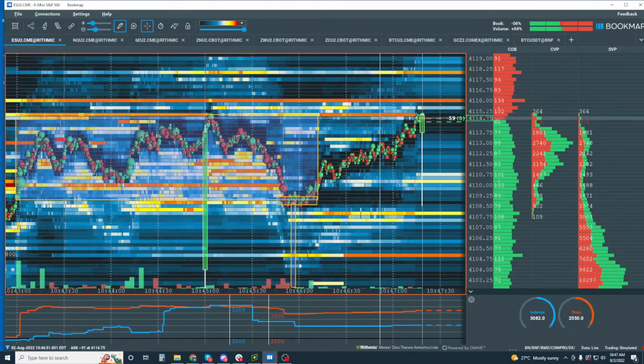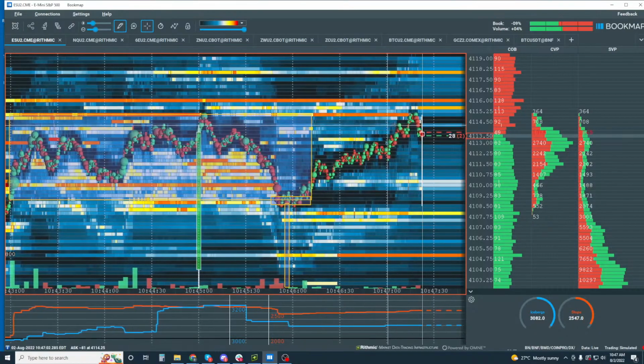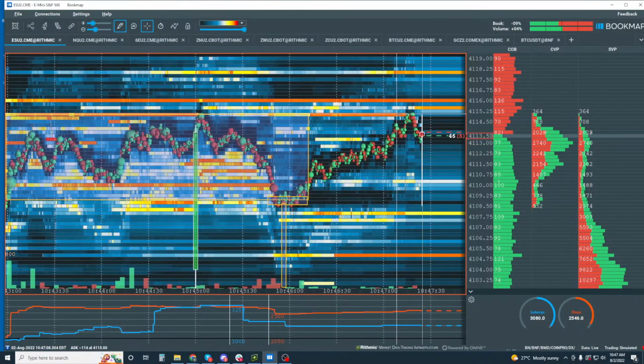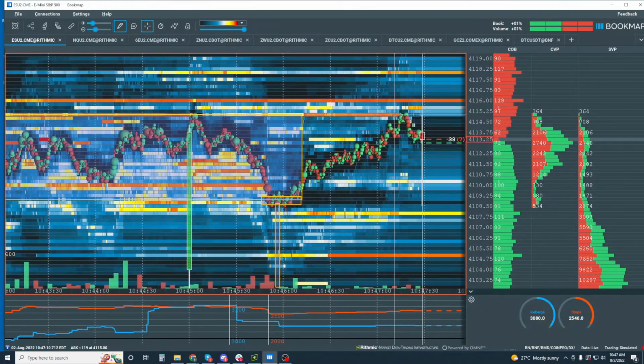Okay, that's not happening. We're back up here at 15. And look at the buying up here. Nothing to speak of, right? So not looking for the breakout yet.